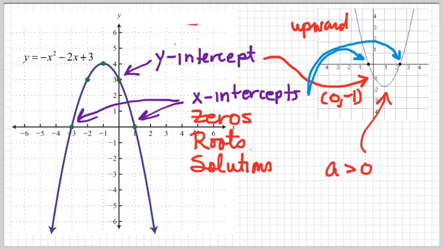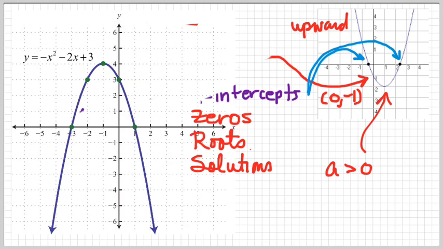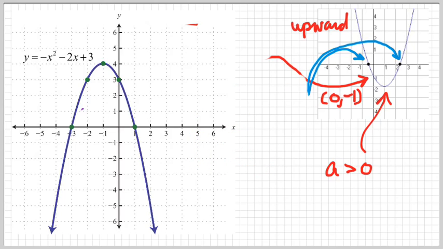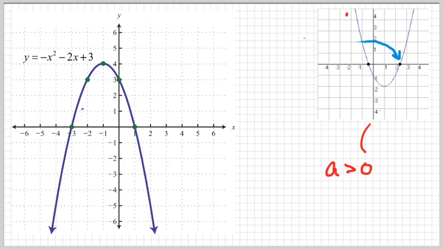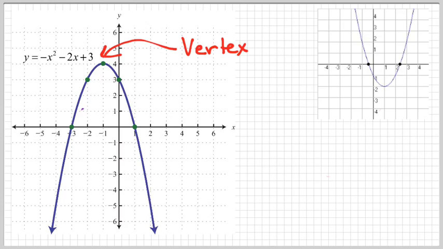The next thing is we want to discuss where the vertex is, and the vertex is that highest point or that lowest point on the parabola. Each of these has a vertex. In fact, all parabolas have a vertex. In this case, up here is the vertex. This vertex is a highest point, so we call it a maximum. And the maximum is the highest y value it goes to.